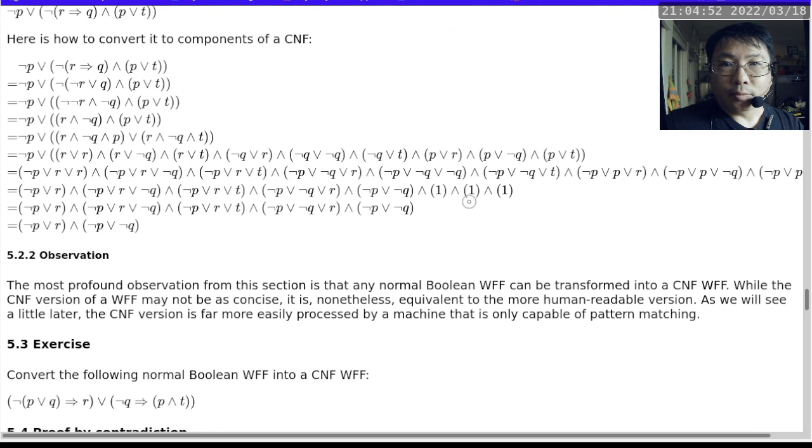All right, so we get rid of all the truths, and then it turns into something a lot smaller. How did I turn it into something that much smaller? Well, it's simplification again. You can see how we have not P or R over here, and this has the same thing, not P or R, except it is ORing also with not Q. By applying the simplification I just mentioned, if you have two terms and one is more general than the other, you can toss away the more general one.